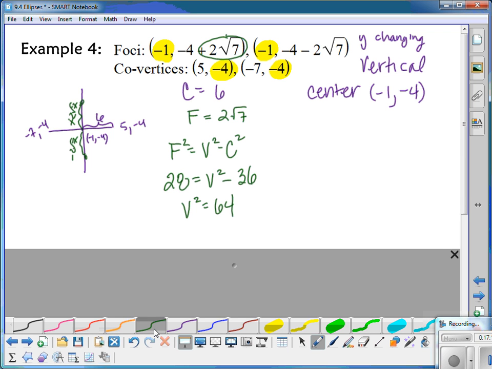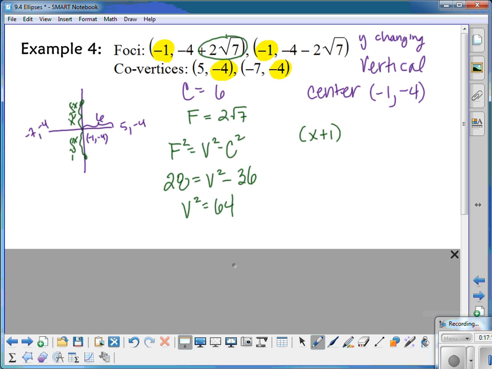So I take my center at -1, -4, which means I'm going to have an x plus 1 squared and a y plus 4 squared. And this one is vertical, so my larger number has to be under the y squared, and the smaller, 36, is under my x squared.